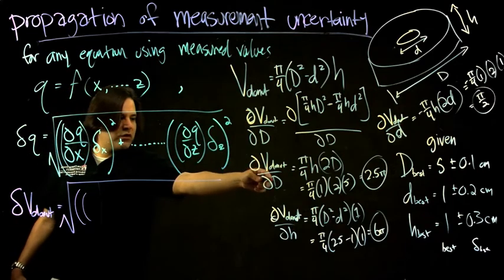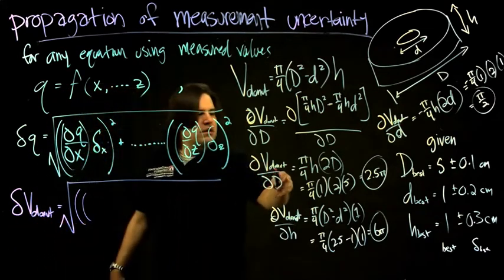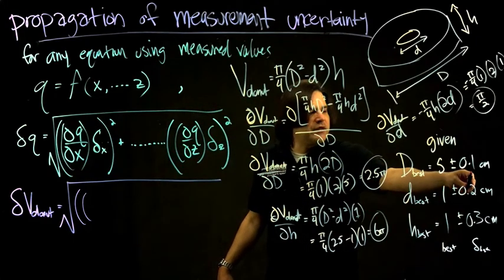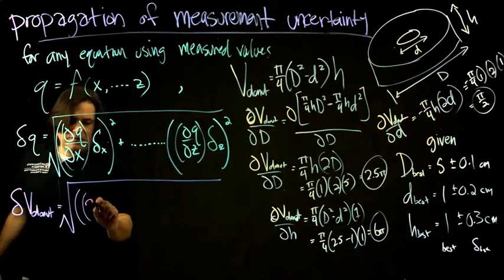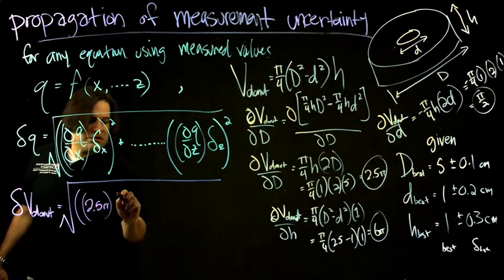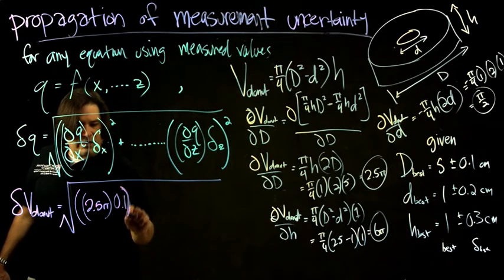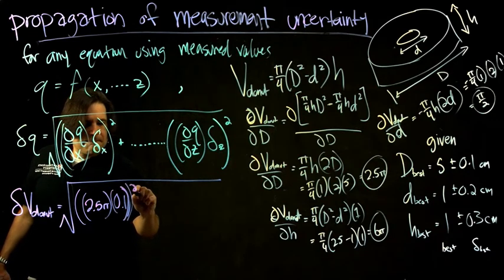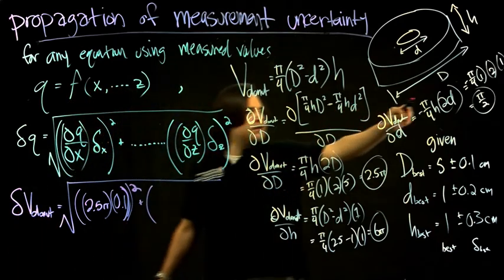let's start with this big D. Big D, this is the partial derivative of big D, and this is the reported measurement uncertainty of big D. So that would be 2.5 pi times 0.1 centimeter. And that's going to be squared. Plus, let's talk about little d.